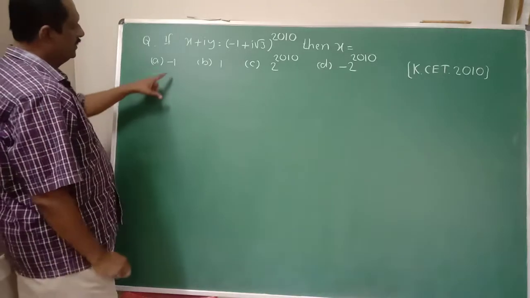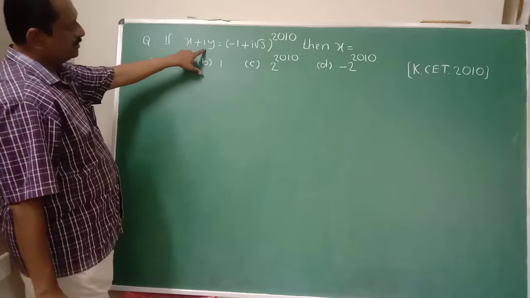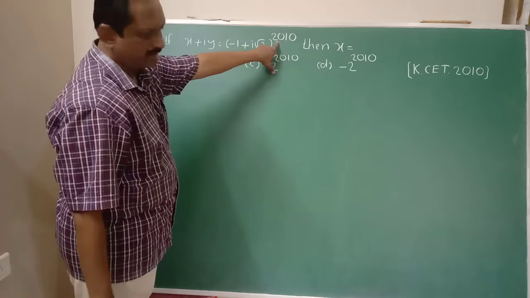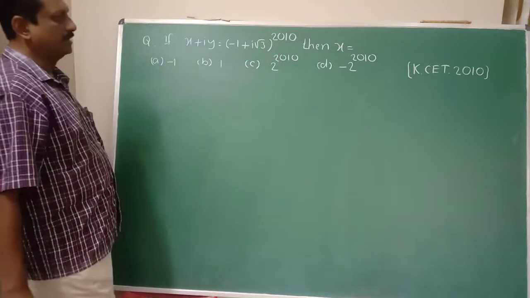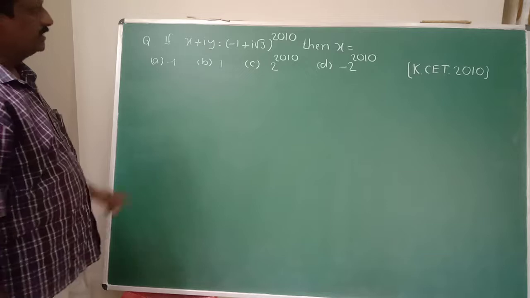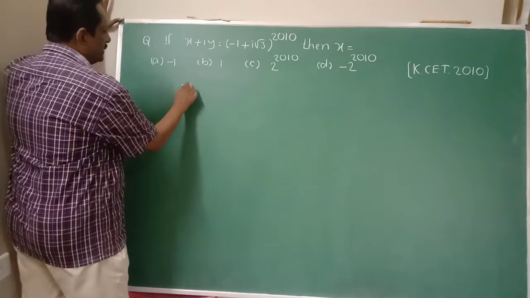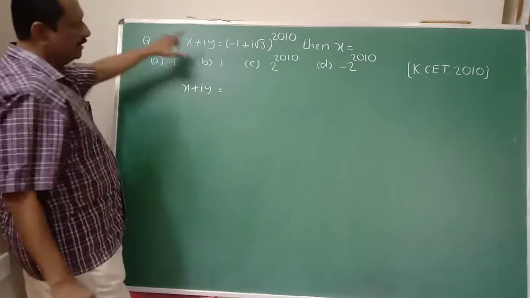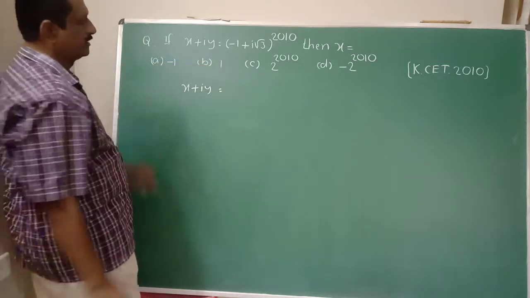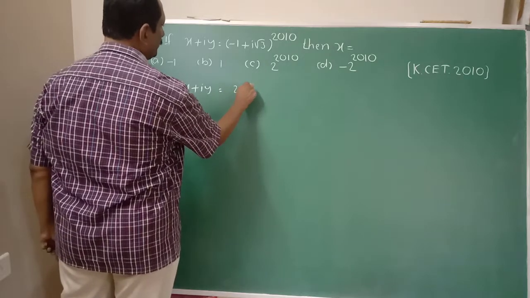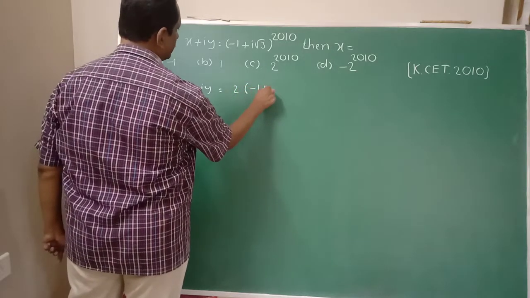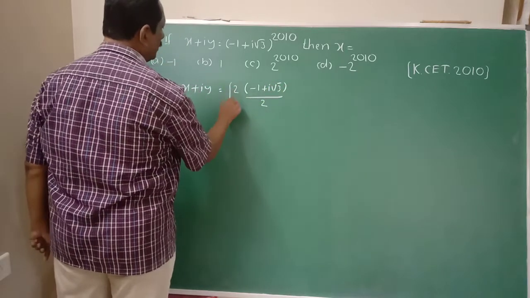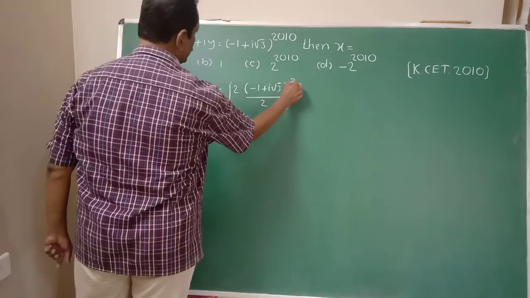In this case, x plus i y is equal to minus 1 plus i root 3 raised to 2010. Then x is equal to what here? Multiplying and dividing by 2, x plus i y is equal to 2 into minus 1 plus i root 3 divided by 2, whole raised to 2010.